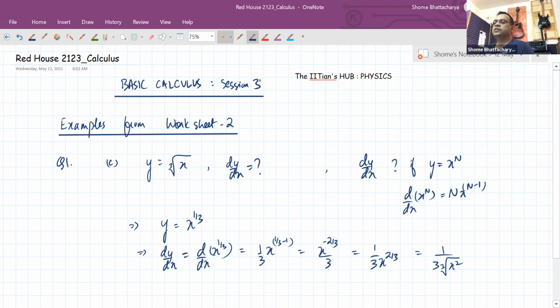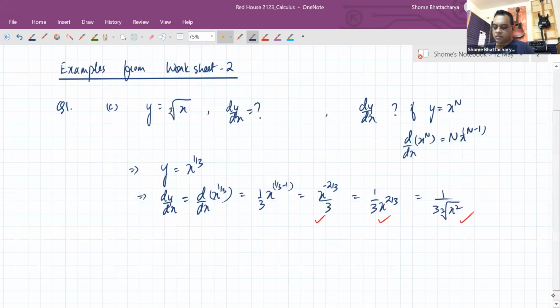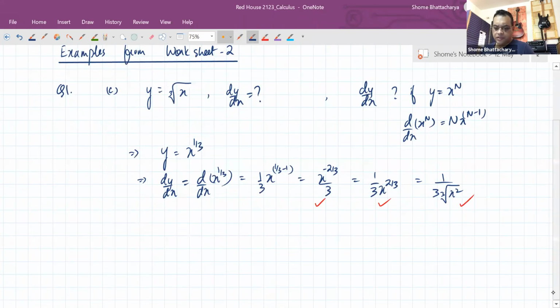Okay. So many different ways of writing the answer. So even this step would be correct. This step would be correct. This step would be correct. It's just a way of writing it. Okay. That is this part.